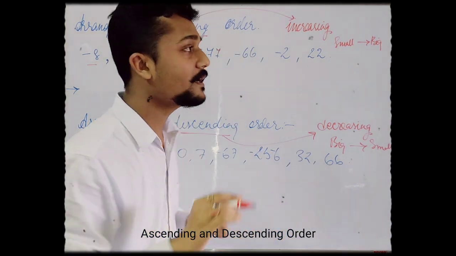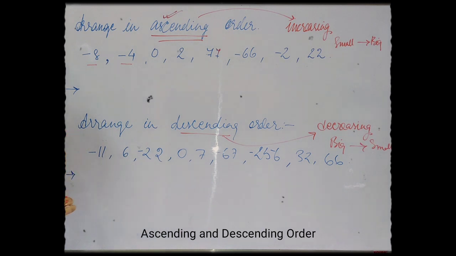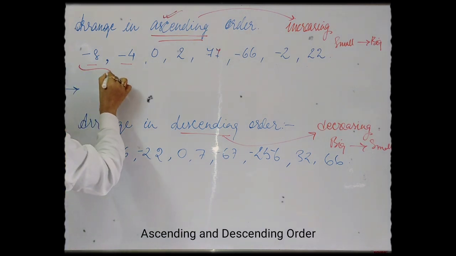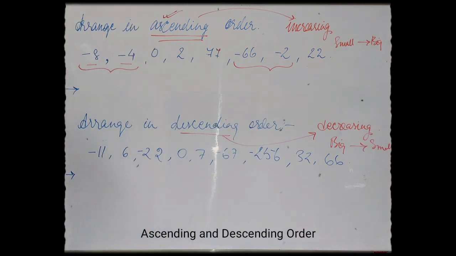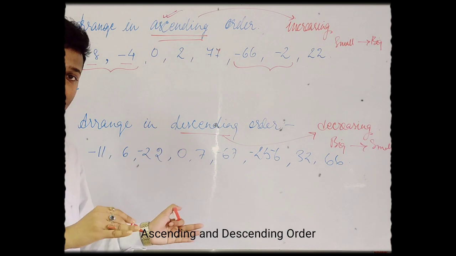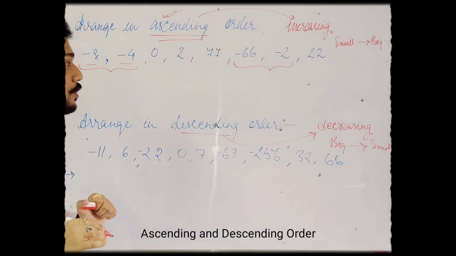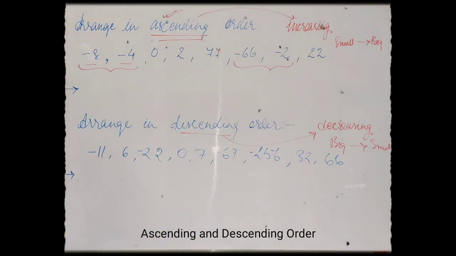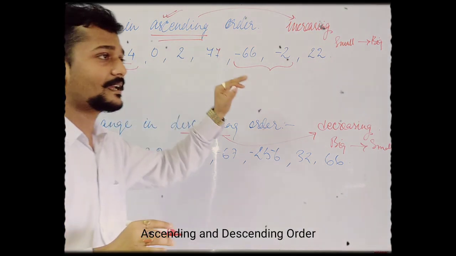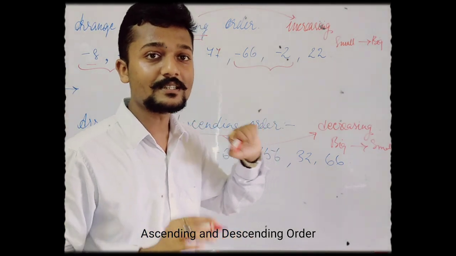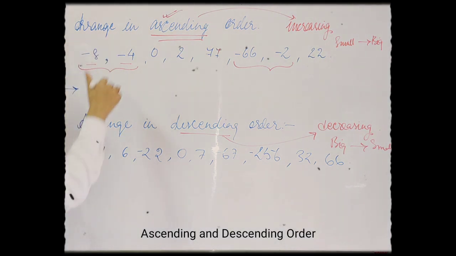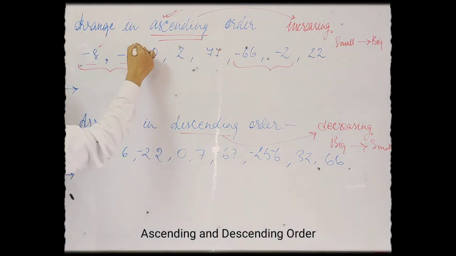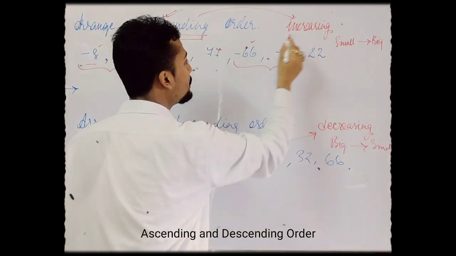It is quite simple to understand that negative numbers are smaller than positive numbers, isn't it? That means the negative integers given here are smaller compared to the positive integers as well as 0. So first we identify which integers are negative. What are the negative integers provided in the question? Minus 8, minus 4, minus 66, minus 2.